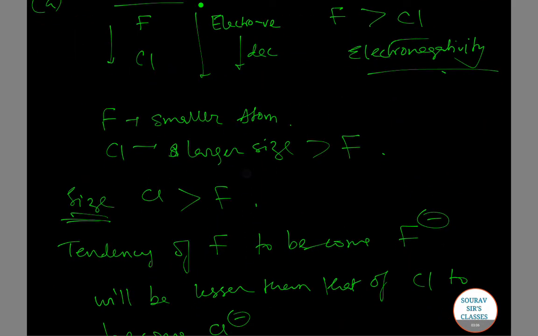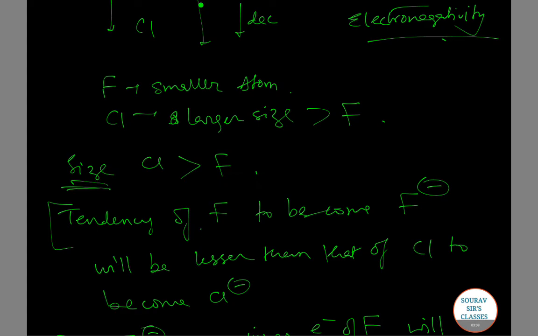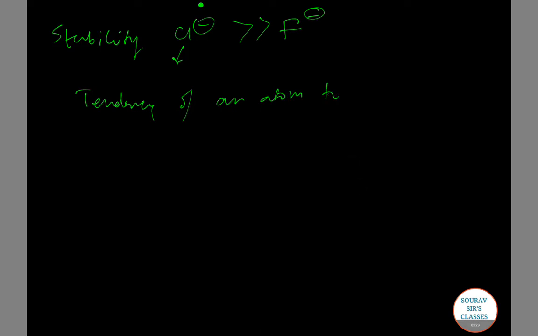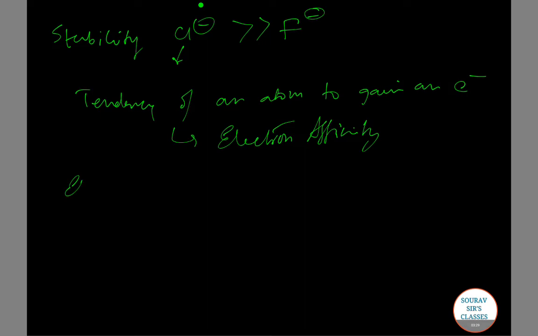Electron affinity is the tendency of an atom to gain an electron and become negatively charged. So the electron affinity of F will be lesser than that of Cl.